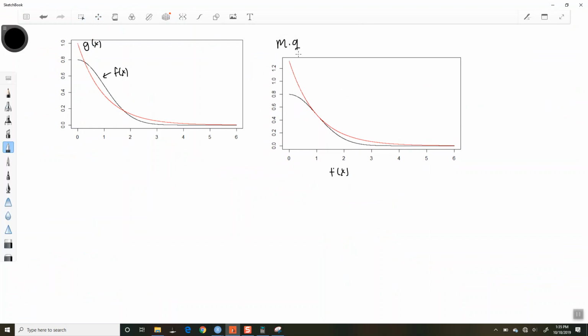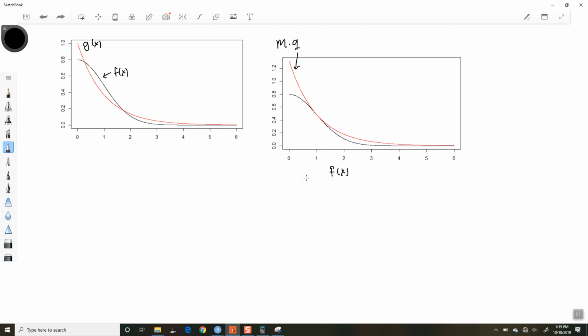Now we've got m times g as our red line, and we still have f right there. We can see that m times g is bigger than f of x everywhere. And we can generate values from the exponential easily, right? We did that. It was like log u or whatever.